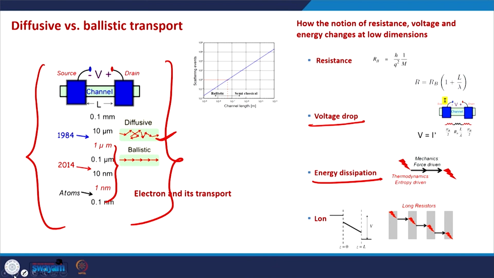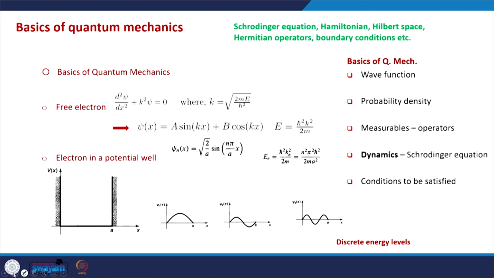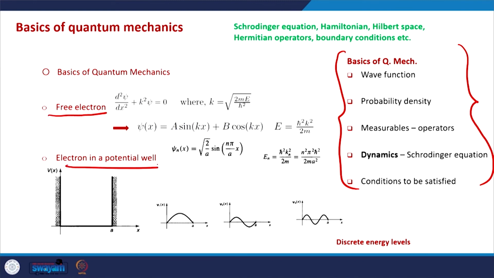So, we need to take an entirely different approach, and that is why we started with the basics of quantum mechanics, because in order to understand anything we need to go to the basics. In the initial classes we went through the postulates of quantum mechanics, then we solved the free electron wave functions, then the wave function for an electron in a potential well. What we see from here is that the confinement of electrons leads to discretization.